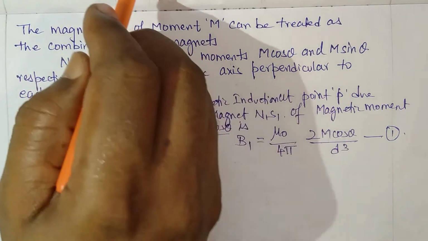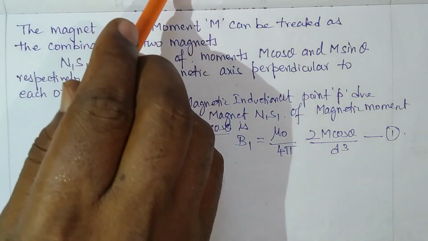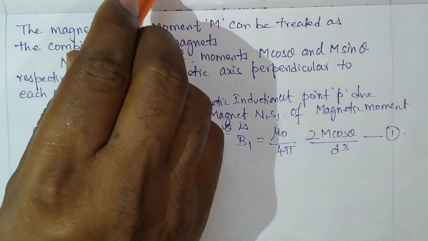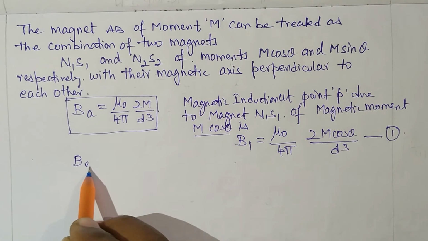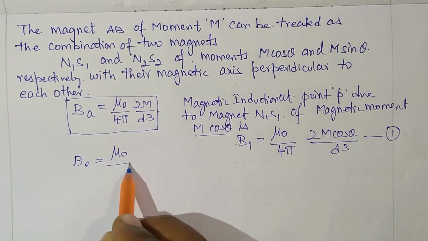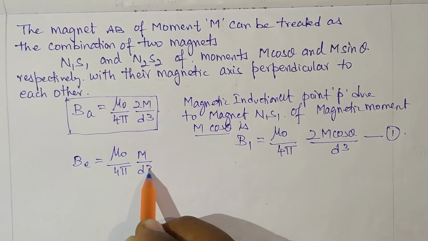Now, the second magnet is perpendicular to this first magnet, and this line is the equatorial line of this bar magnet. So, what is the magnetic induction on the equatorial line? It is mu naught by 4 pi, m by d cube.